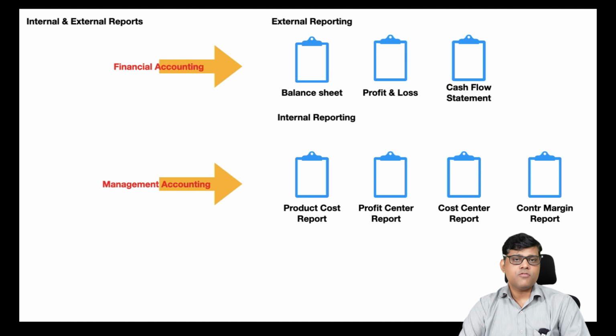Everything is related to management accounting. Management accounting reports go to internal management, whereas FI reports go to external users, meaning government, bankers, and shareholders. So those are external reports related to FI, and internal reports are related to CO.